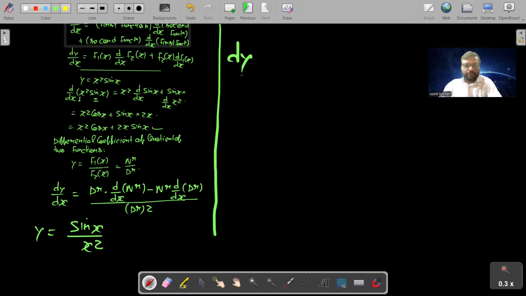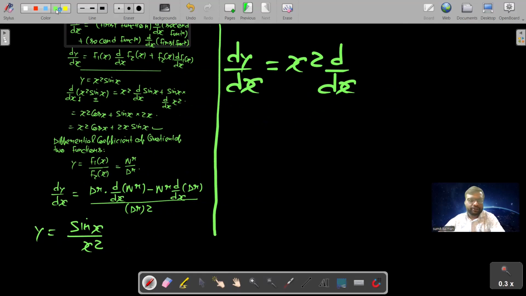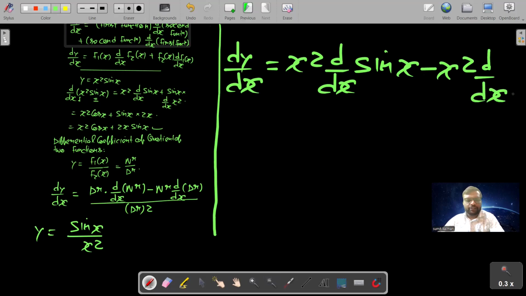So dy upon dx is equal to denominator, x square, into d by dx of numerator. Here numerator is sin x, minus numerator into d by dx of denominator.